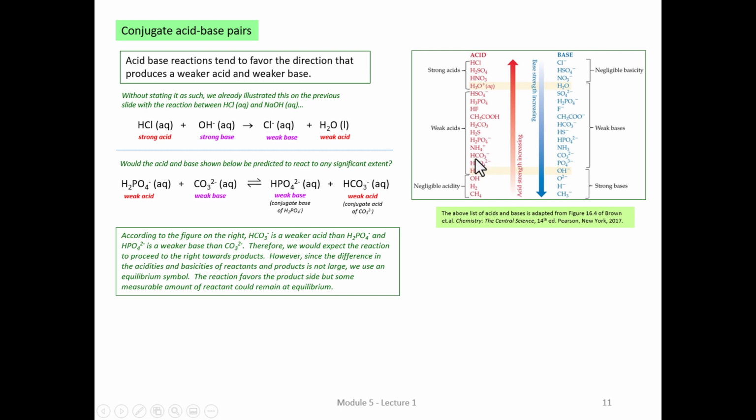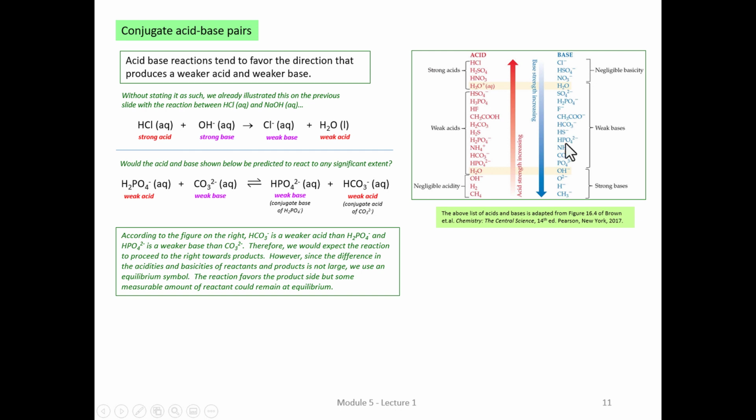It is below H2PO4- on the list, so this is a weaker acid than this one. Also, HPO4 2-, which we've labeled the weak base on the product side, is a weaker base than the base on the left, the carbonate.